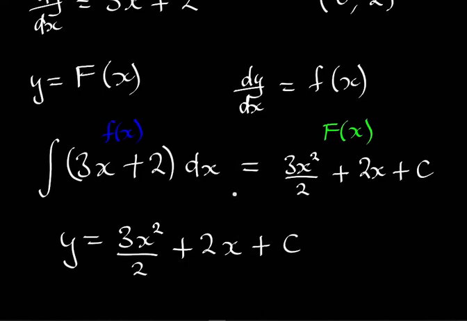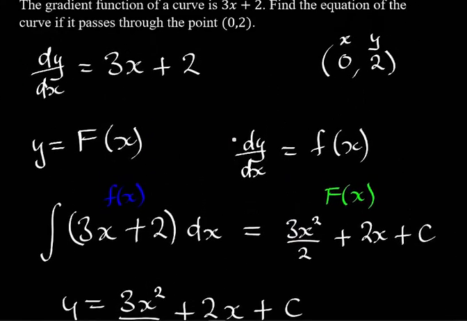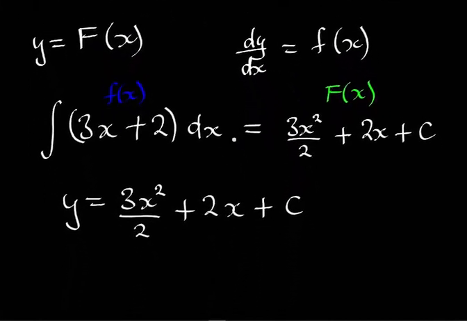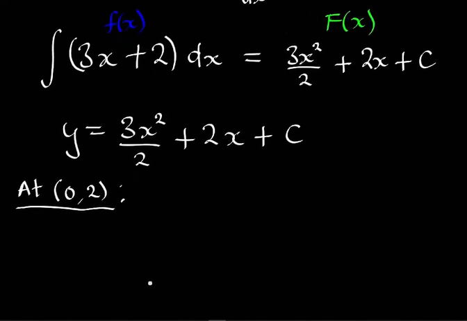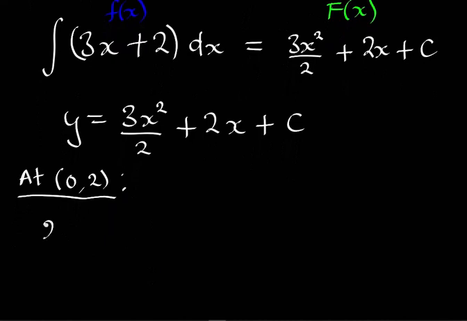Do we have any information about x and y? Of course we do. The information of x and y is 0, 2. Let's try plugging in 0, 2. So at 0, 2, we can find the value of c, in short, is what I'm saying. At 0, 2, we got 2, which is equal to 3 times 0 squared over 2 plus 2 times 0 plus c. Notice, since we have got a 0, we don't need to worry about everything else.